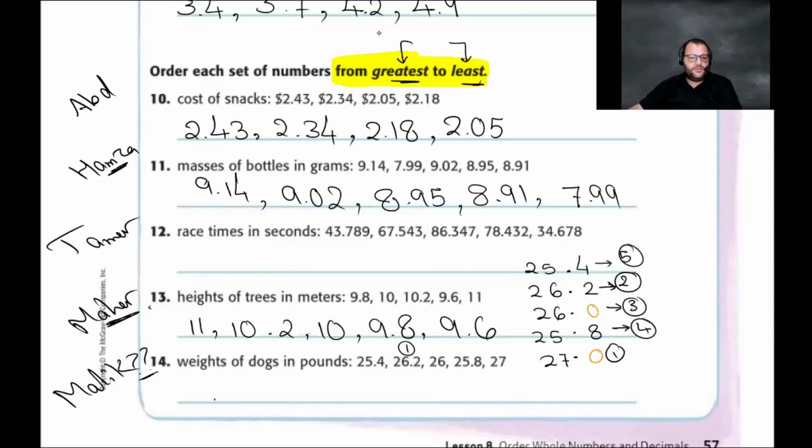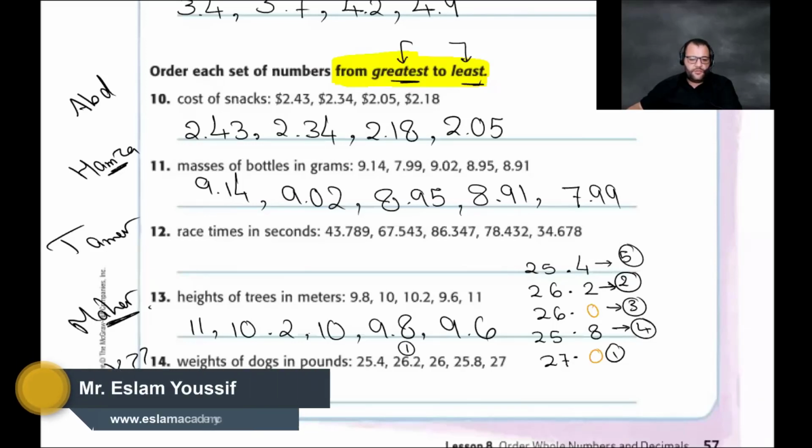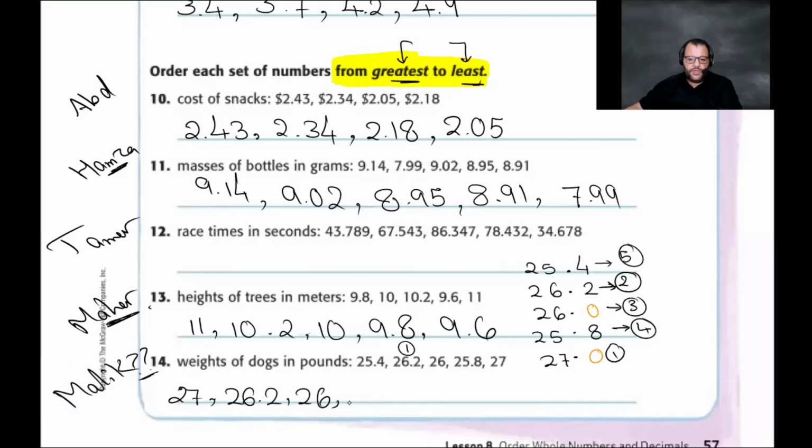So we'll write that here. The first number is 27. The next will be 26.2. After that, 26. Then we have here 25.8. The last one will be 25.4.